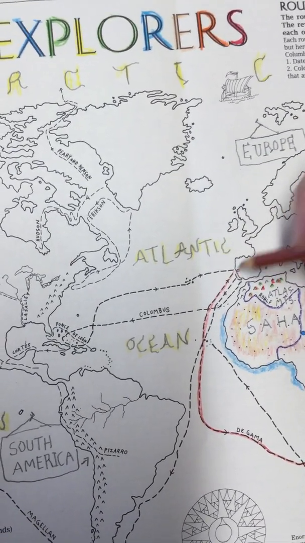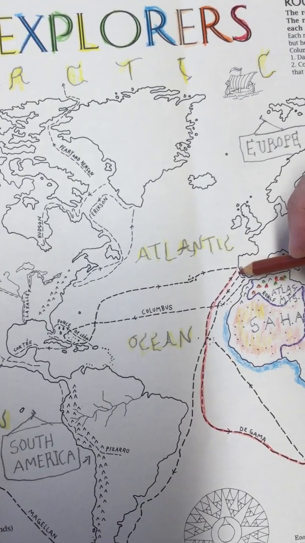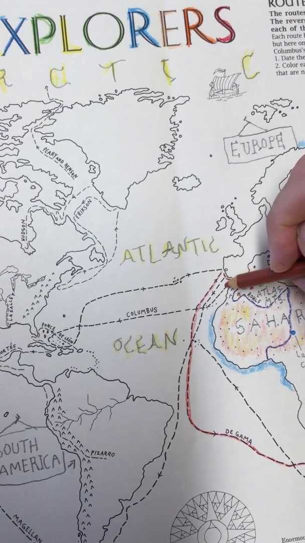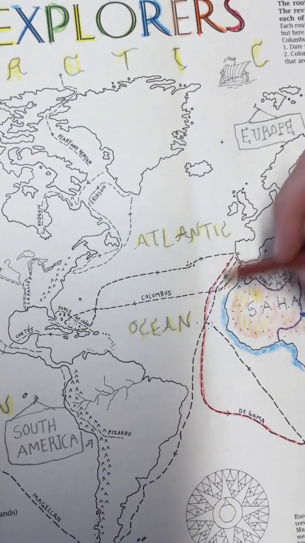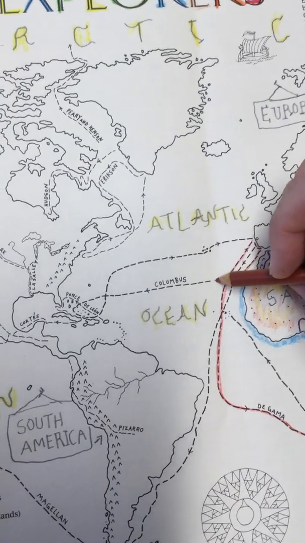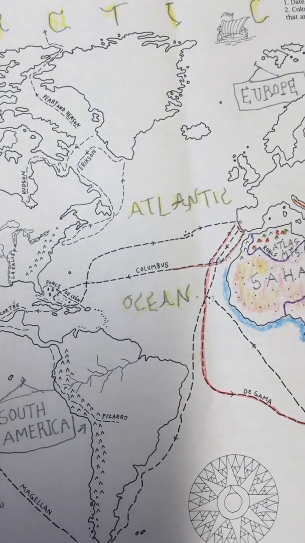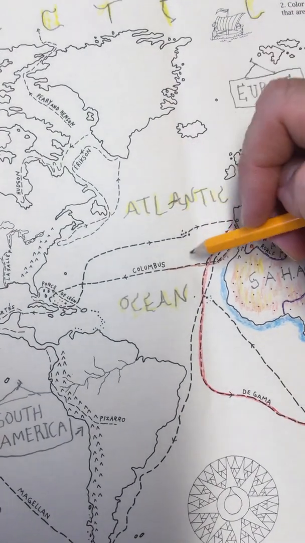And you can see it took him from Europe, started right about here, went down through the Canary Islands. We'll label those islands. Let's label them right now before we forget. These are the Canary Islands right here.